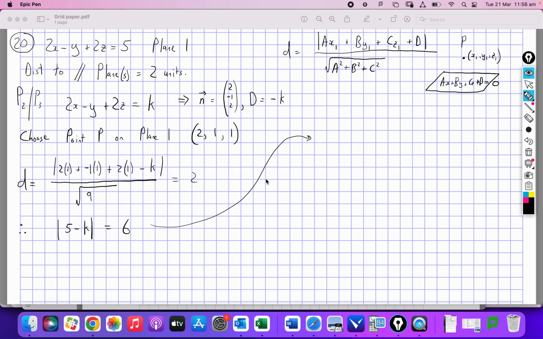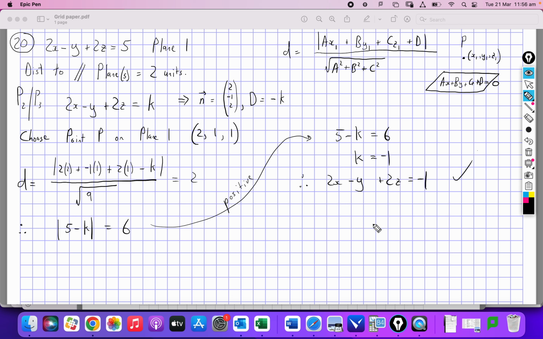So if positive, then 5 minus k is fine, and it will equal 6, and we could work out that the k would have to be minus 1, and therefore I could put it into the plane equation, and I would get 2x minus y plus 2z is minus 1.